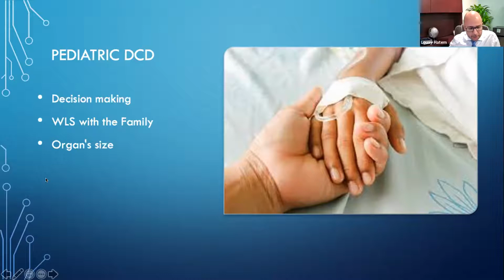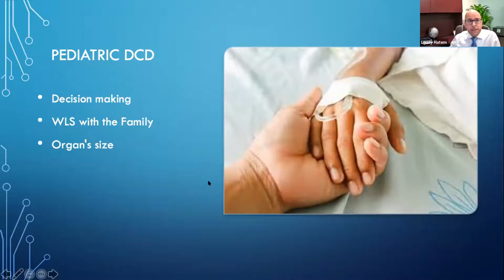It is important to note that on average, more organs are recovered from pediatric brain-death donors than from DCD. Additionally, the vast majority of DCD organs recovered are liver and kidneys. There are still challenges with the thoracic organs, the lung and the heart.